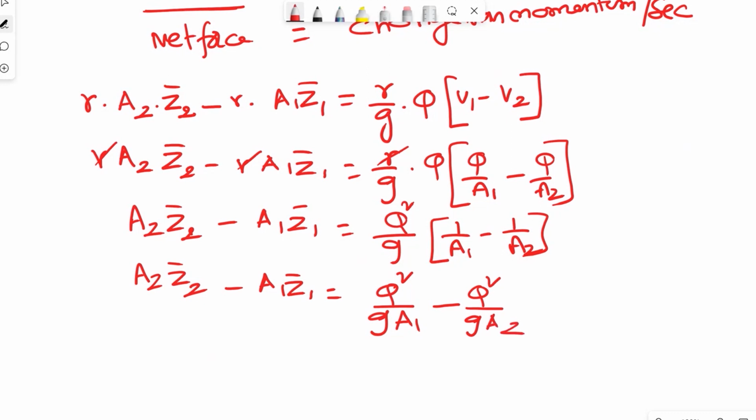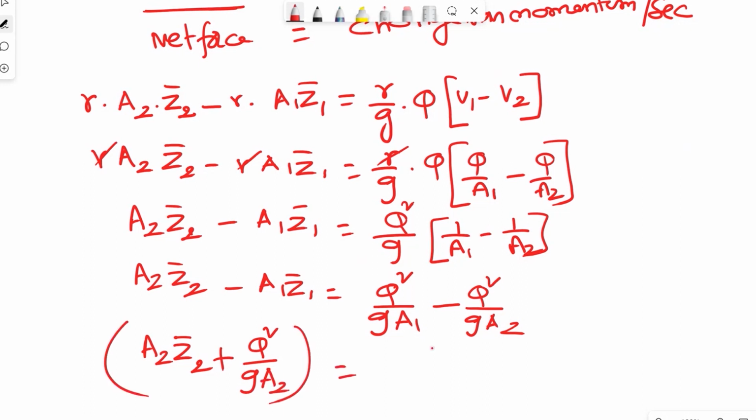So all twos on one side and ones on the other side. If I bring it, A2 Z2 bar plus Q square by g A2 is equal to A1 Z1 bar plus Q square by g A1, right?